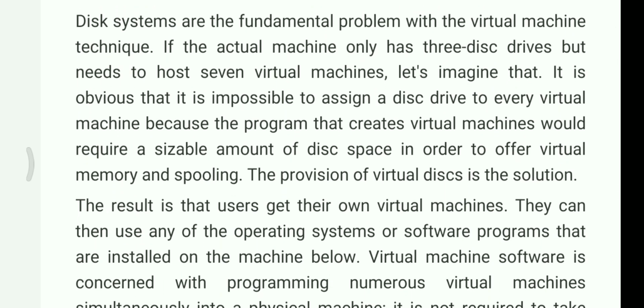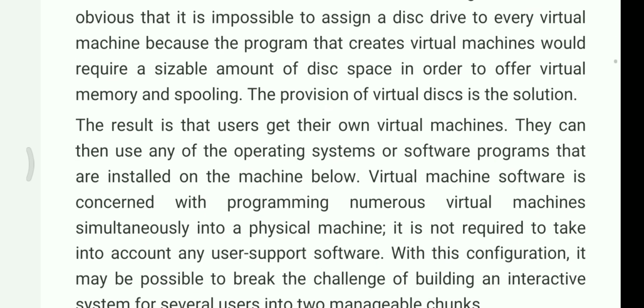Disk systems are a fundamental problem with the virtual machine technique. If the actual machine only has 3 disk drives but needs to host 7 virtual machines, let's imagine that it is obviously impossible to assign a disk drive to every virtual machine.